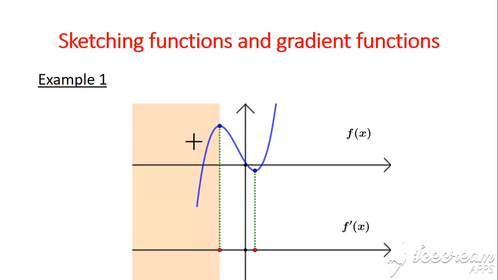Positive means above the x-axis, so we know the derived function is above the line. In this region, we have a negative gradient, which is below the x-axis, so we have a function below the x-axis. And in this region, we're back to being positive again, which is above the x-axis. So this is what our derived function or gradient function would look like.